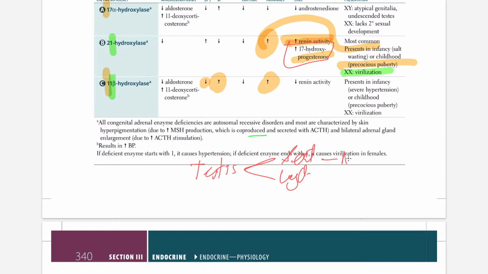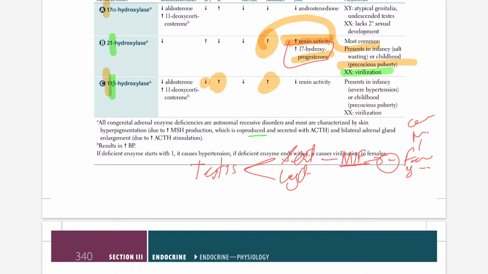Sertoli cells secrete MIF, which is going to cause inhibition of internal female genitalia. And what is internal female genitalia? All the way from the proximal vaginal canal, then the cervix. That's the job of MIF, Mullerian inhibitory factor.